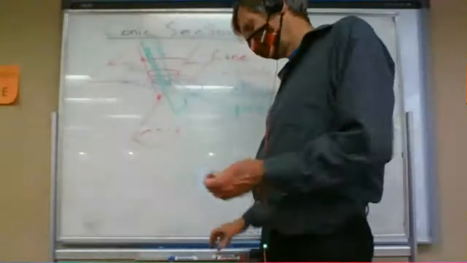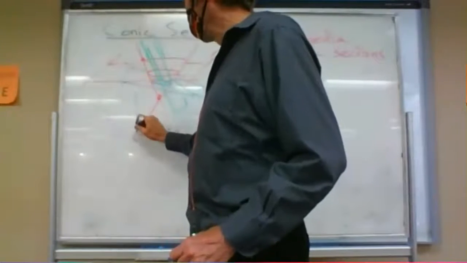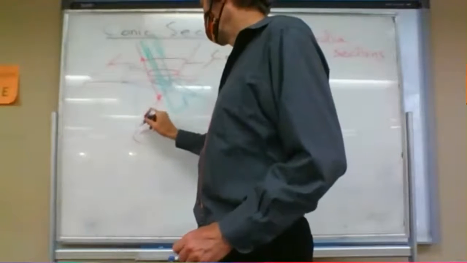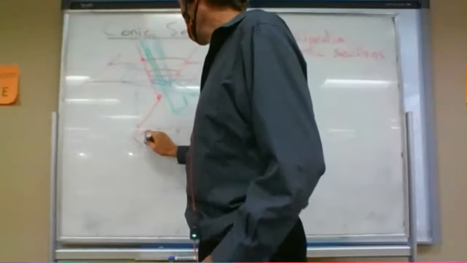Now if you cut it at an even steeper angle, maybe like this, you can even make it vertical. Now it cuts both halves of the cone, the top and the bottom, and each one gets cut in a curve that looks something like this.